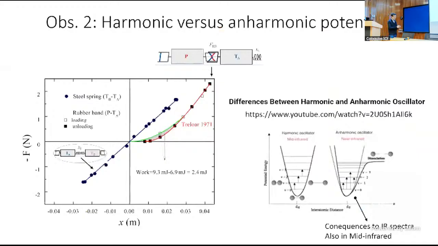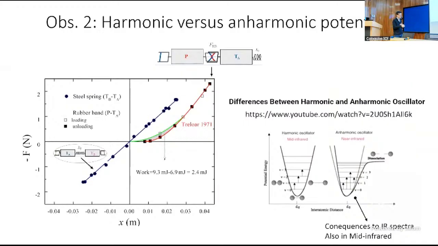Another thing that happens, and also many times when I'm analyzing more complex molecules, is that not always do you have this harmonic potential. Sometimes they are anharmonic. In this case, within the target, we have this stainless steel spring, and the movement is almost harmonic.